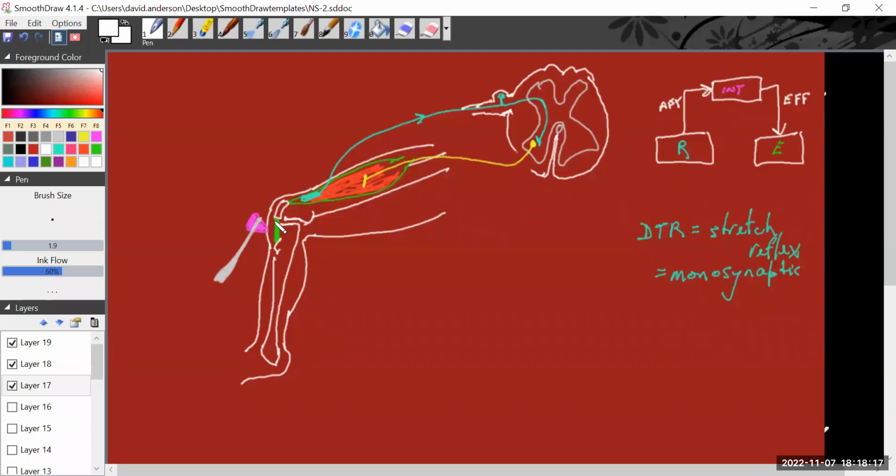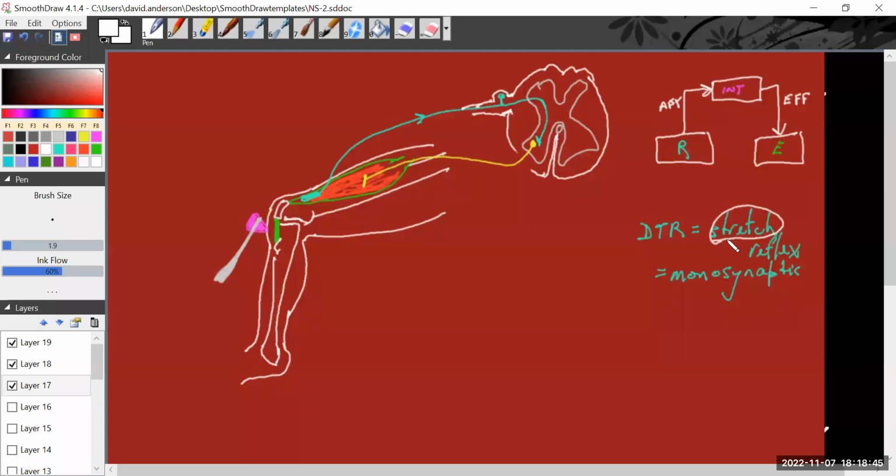Okay, so my question, I always hope somebody will bring the hammer up as a stimulus, because then I say, do you think that human beings have hammer receptors? No. Right. Nobody was thinking that, but I bring it up anyway, because it's called a stretch reflex.